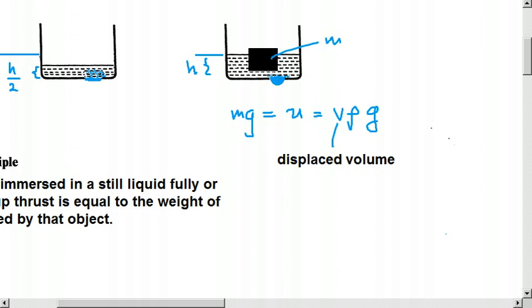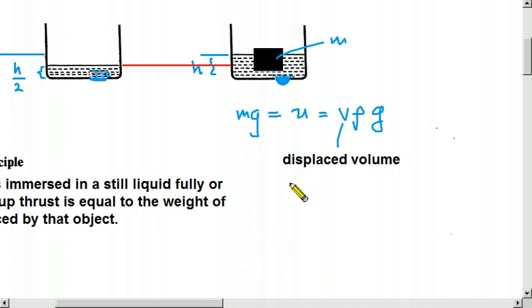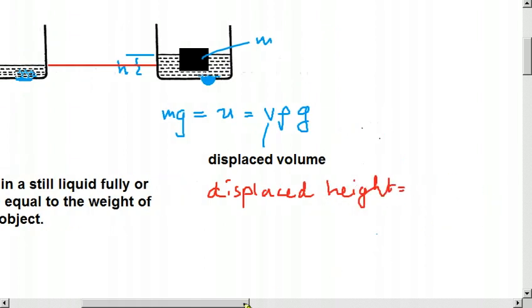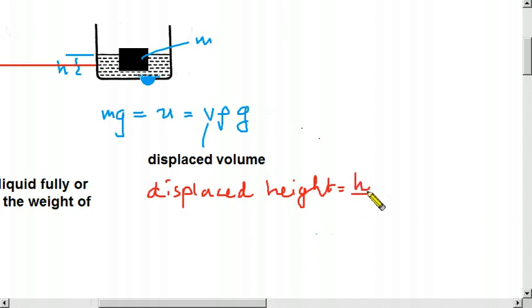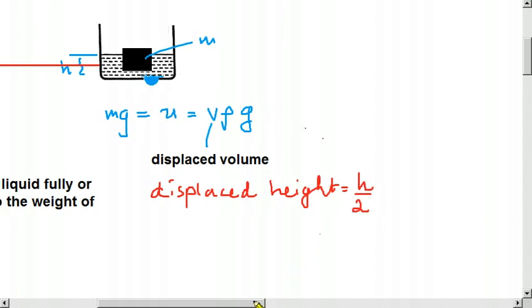If I mark that displaced volume here, it is this volume. Initially the height was h divided by 2. Now this amount is the displaced volume. So the displaced height is, now we know, the additional h divided by 2 amount of water.